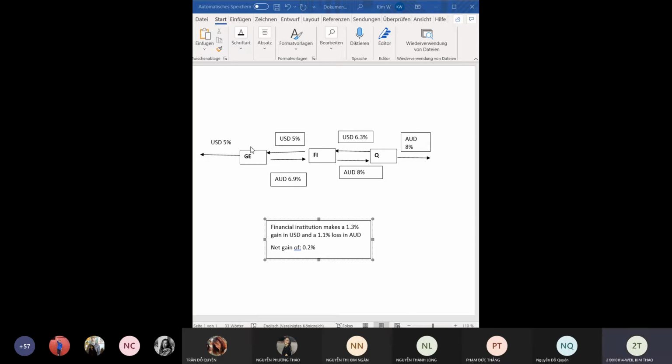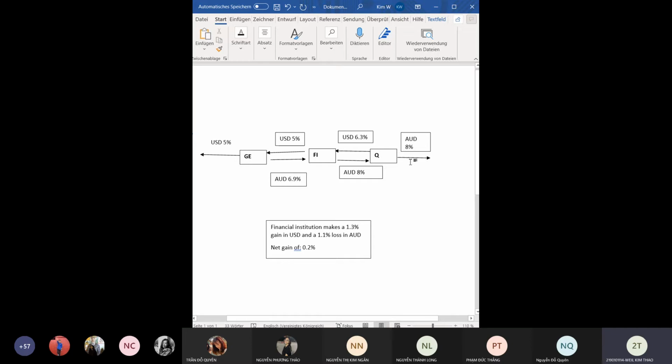Well, just as we said that General Electric borrows at 5%, and it pays that, and also pays the 6.9% that we calculated for the gain in Australian dollars to the financial institution, which pays to Qantas, I guess, the 8% as well.